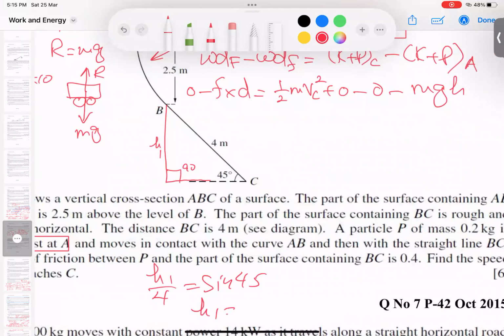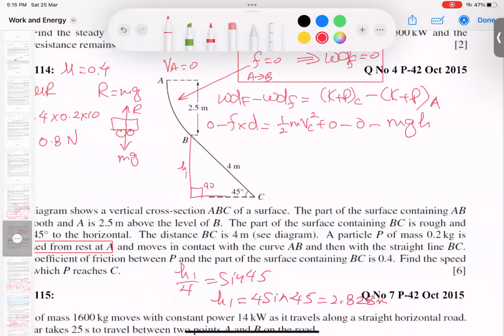So h1 is 4 times sine 45. This is my height, or I can find it in decimal, no issue at all. So 4 times sine 45 becomes 2.828 meters.